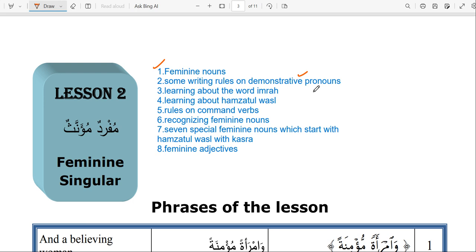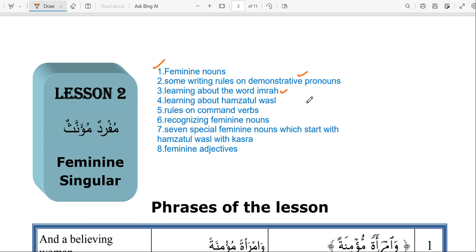As I told you, we will be doing the Uthmani script, which is quite different from the standard Arabic text that you find in normal books. So usually it is printed differently. We should get accustomed to the Uthmani script, as you will be reading a lot of ayahs in the same script. So, learning about the word imra, which means the woman.